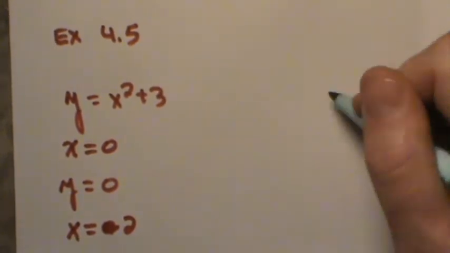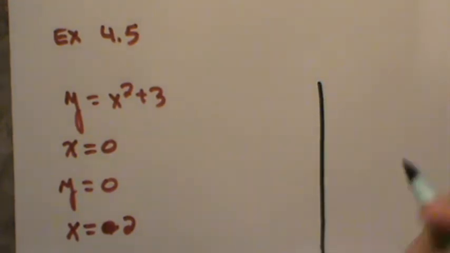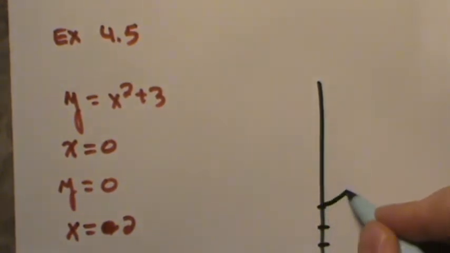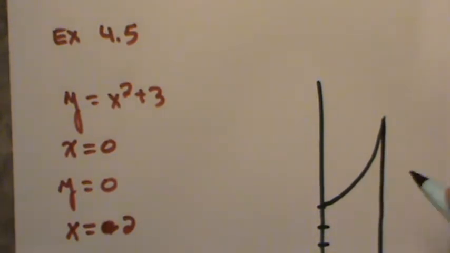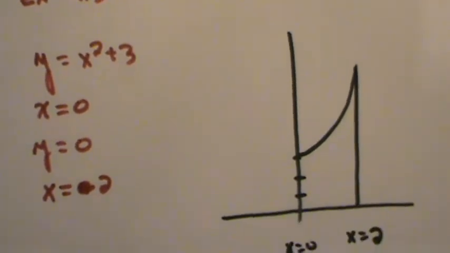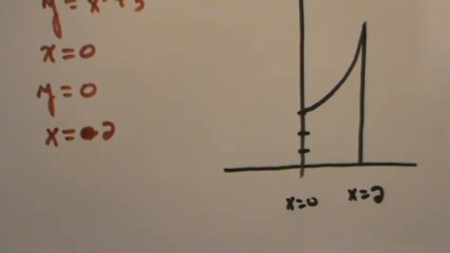And let's go ahead and graph this. So I have that same region. 1, 2, 3. Goes up like this. It's that region there from x equals 0 to x equal 2. Only difference? Let's be weird.